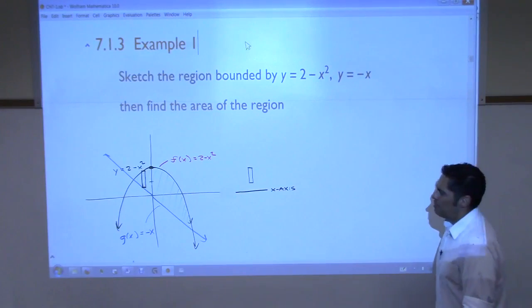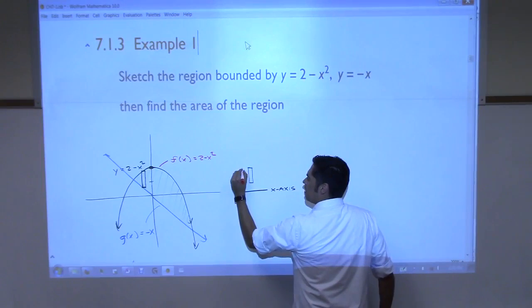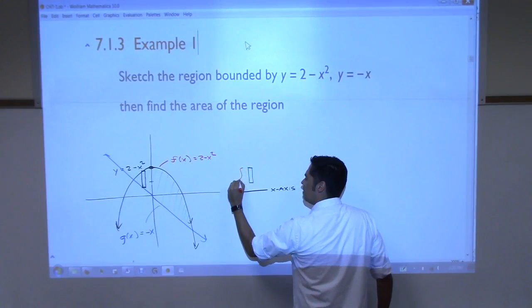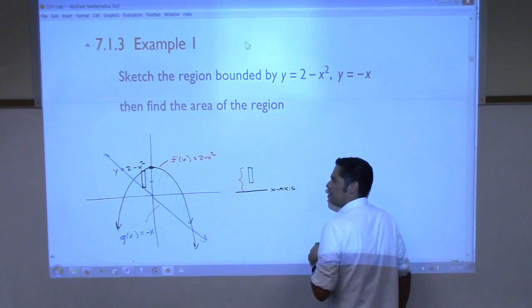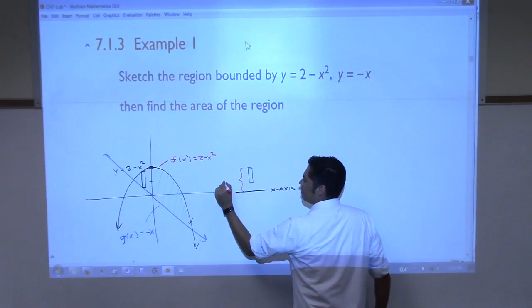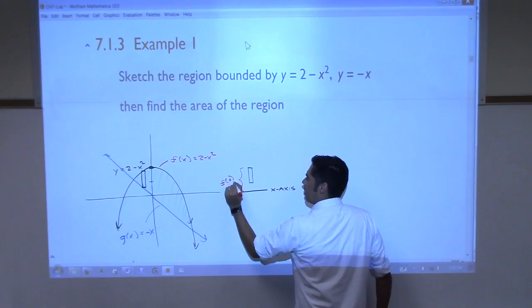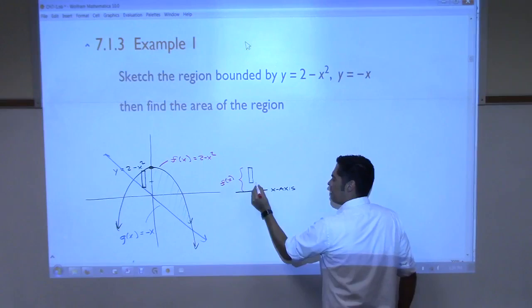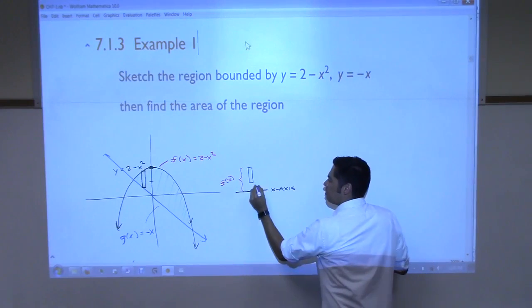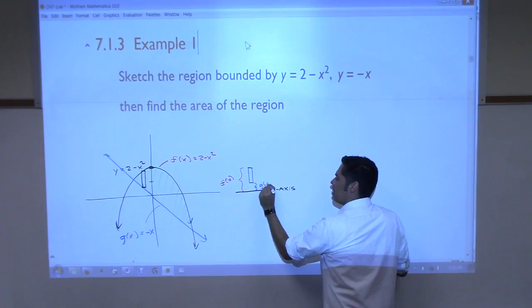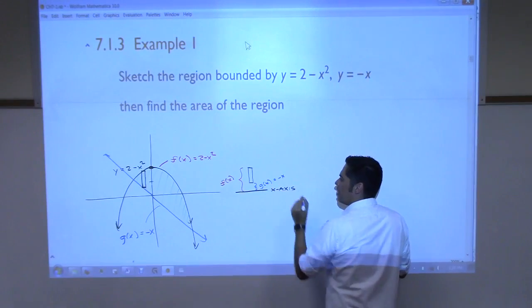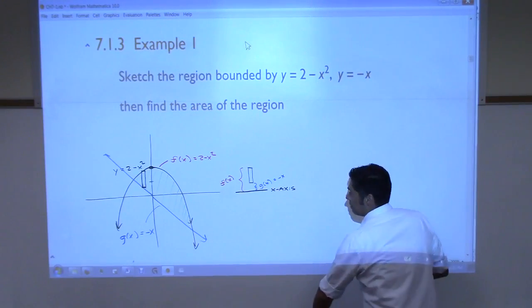And I'll take a little time to make some measurements here. The distance from the top of my rectangle down to the x-axis is f of x. And the distance from the bottom to the x-axis is g of x. And if you want, you can actually put what they are. I just didn't have enough room.